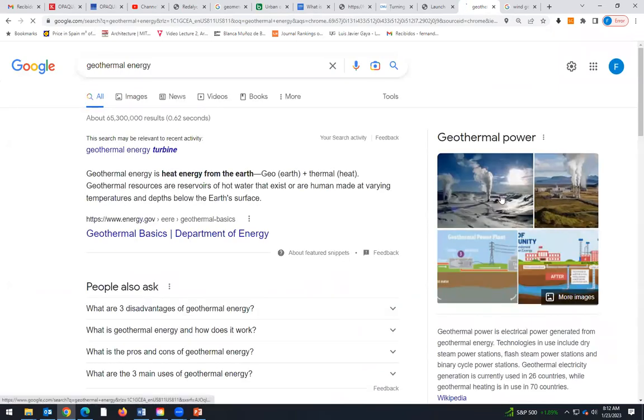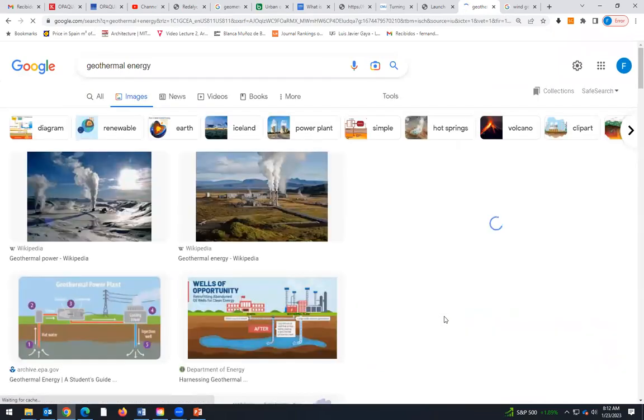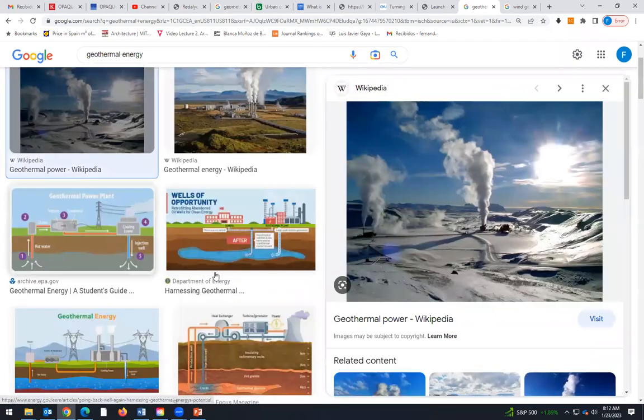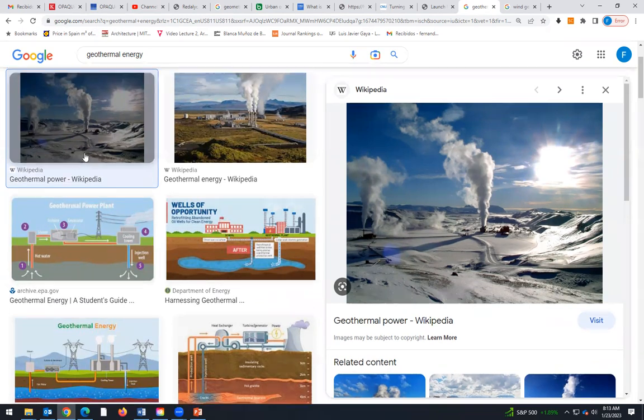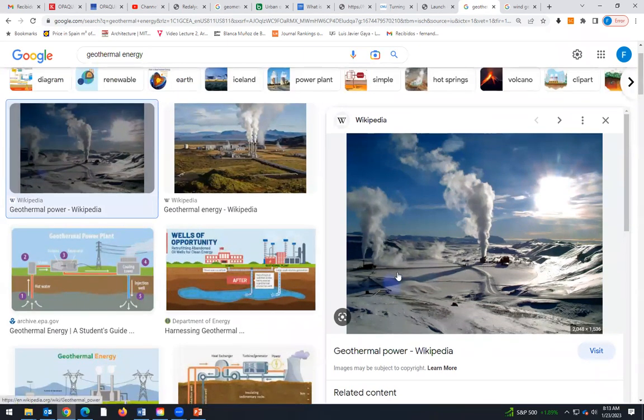Well, geothermal means that there are some places in the world in which we have a heat source which is shallow. Shallow means hundreds of feet.